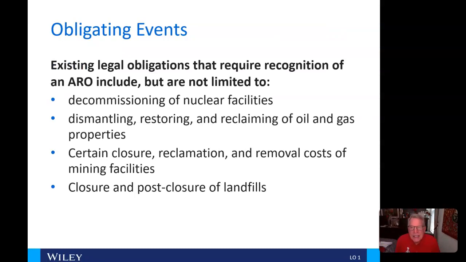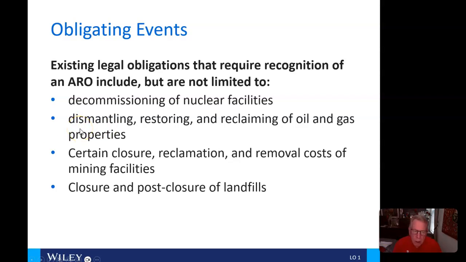Obligating events. Existing legal obligations that require recognition of an ARO include, but are not limited to, decommissioning of nuclear facilities, dismantling, restoring, and reclaiming oil and gas properties. And by the way, I did just that. Reclaimed land that we had purchased for a site of manufacture.